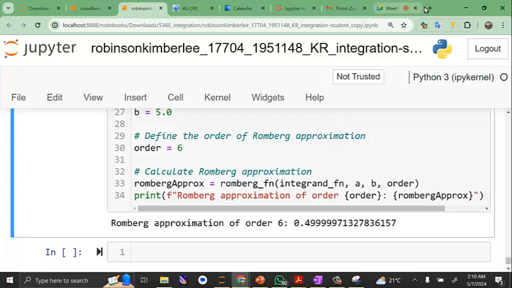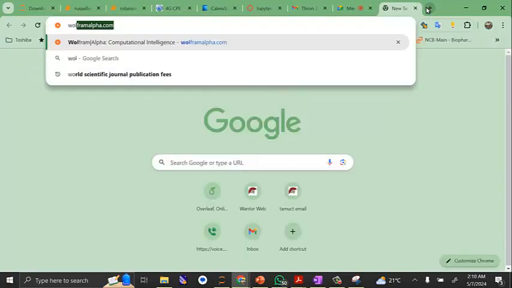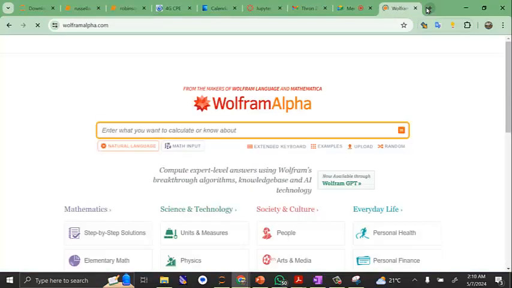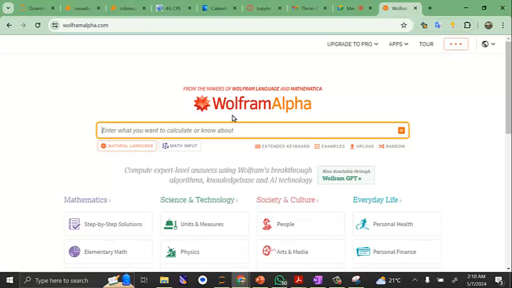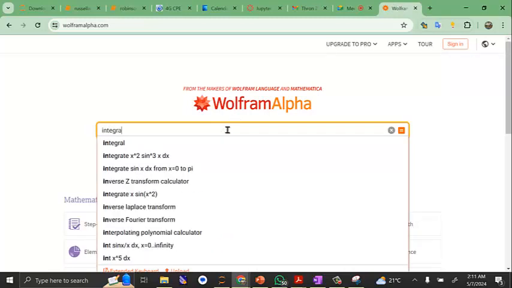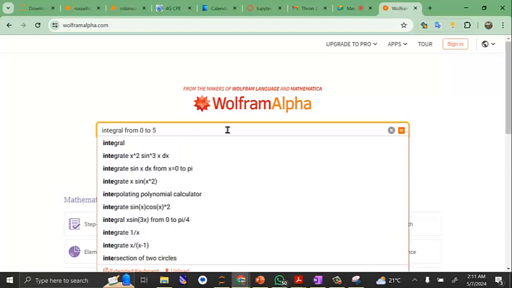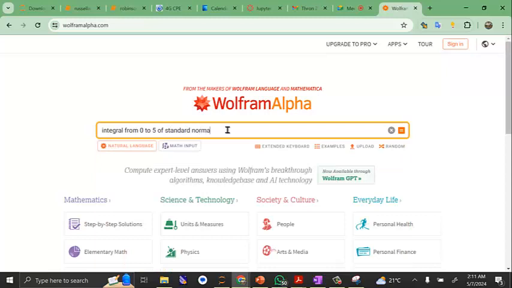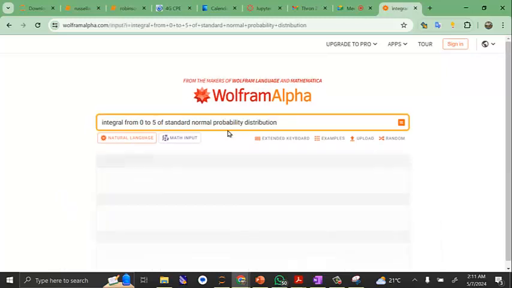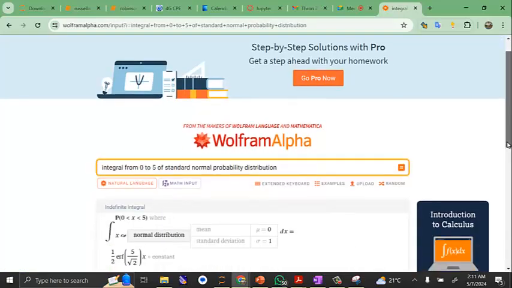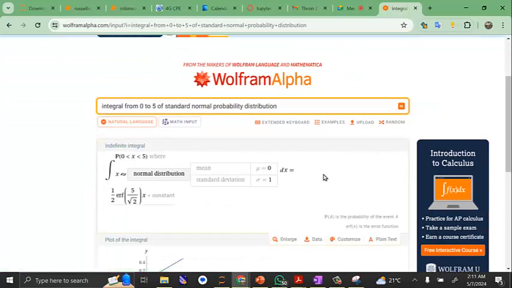Now, if you want to find out what it is, we just go to Wolfram Alpha. And you can say integral 0 to 5, and maybe I can just say of standard normal probability distribution. It may be able to recognize this. Okay. All right.